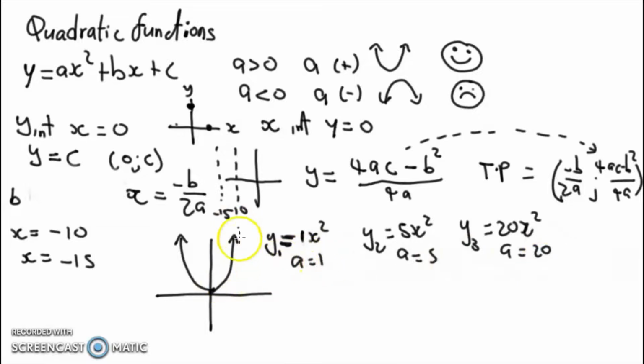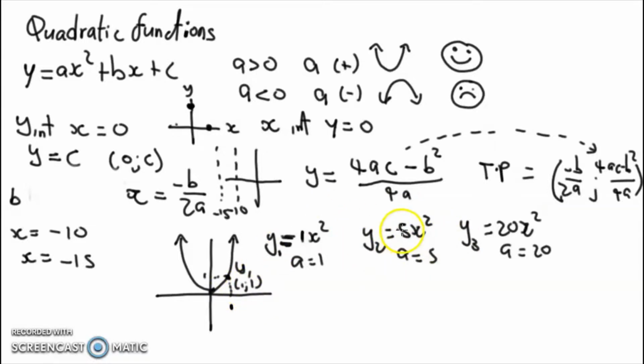If this is the standard graph, y1, when x is equal to 1, the y value is also going to be equal to 1. If you substitute x is equal to 1 there, you're going to get a corresponding y value that's also equal to 1. As a result, there we have 1, 1.